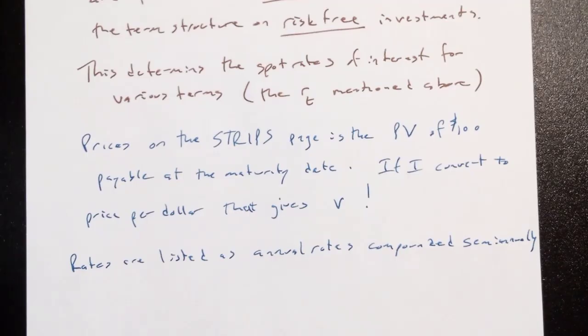Wait a minute. That means that 1 plus J over 2, squared, right? 1 plus J over 2, 1 plus J over 2 squared.